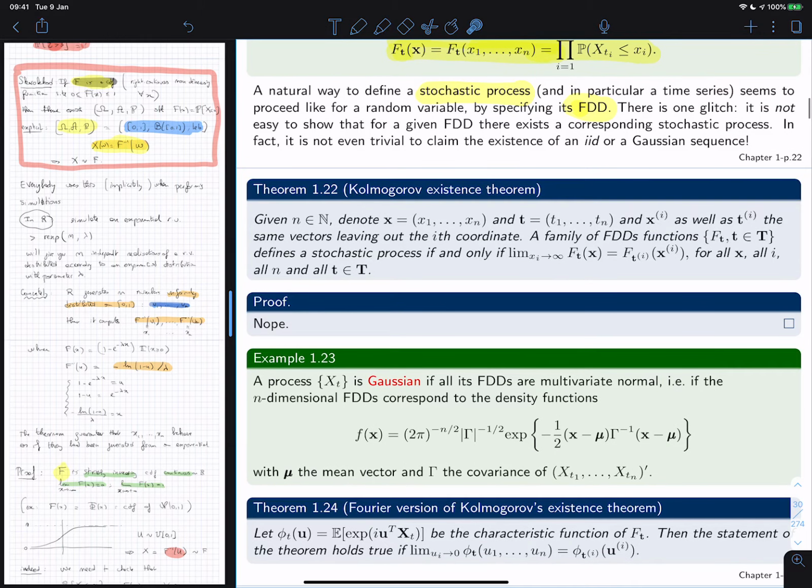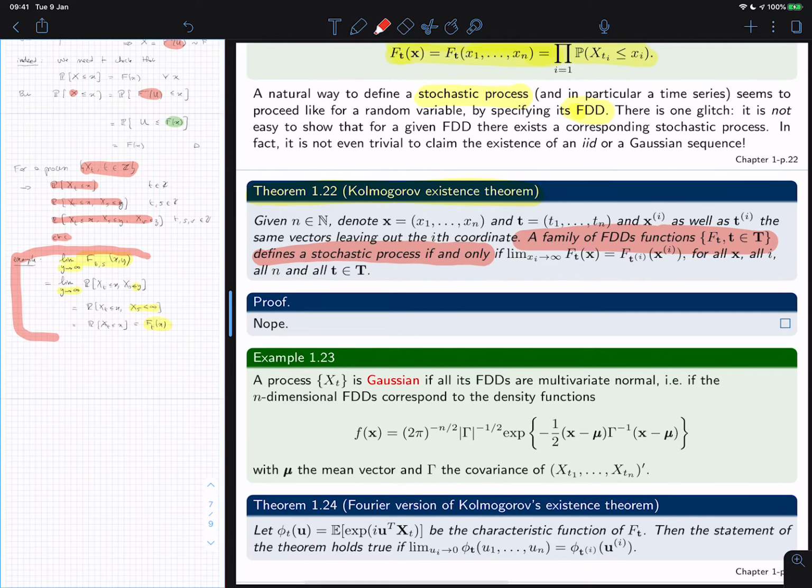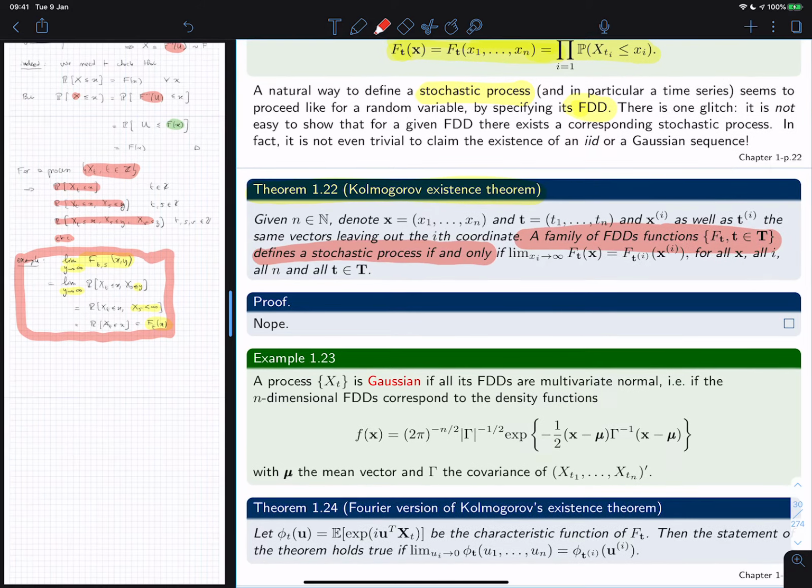And as I was saying, we are saved by Kolmogorov, because he proved the following theorem. He proved that, and it's remarkably simple, a family of finite dimensional distribution functions defines a stochastic process if and only if the thing we remarked on here, this thing here, is true for any combination of time points.